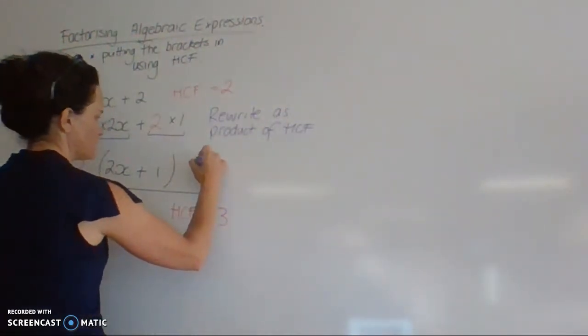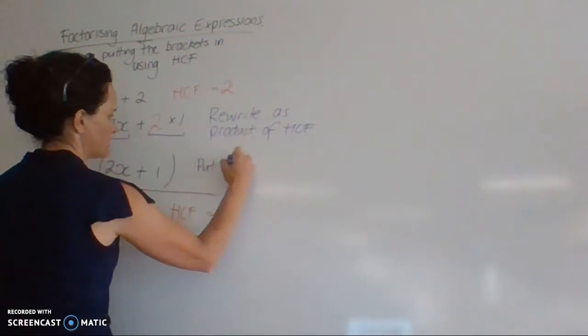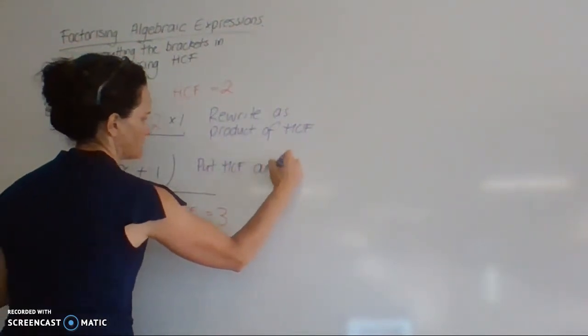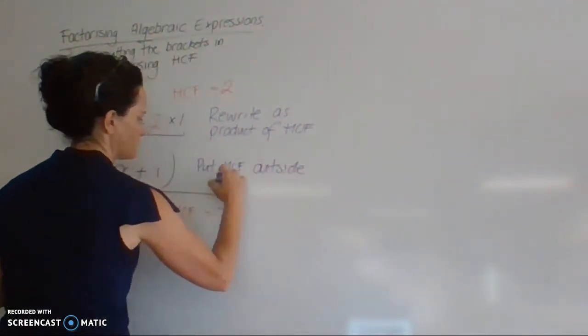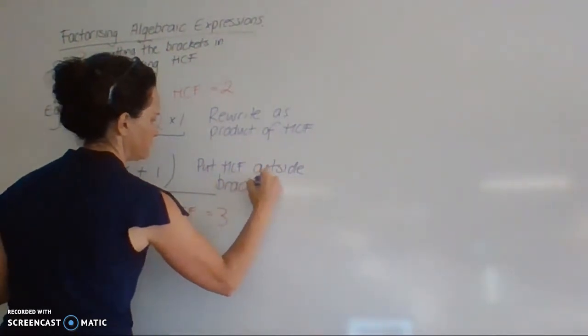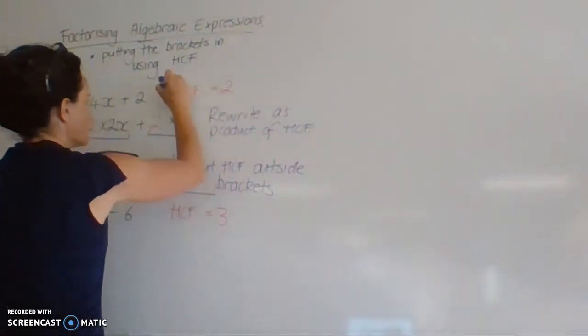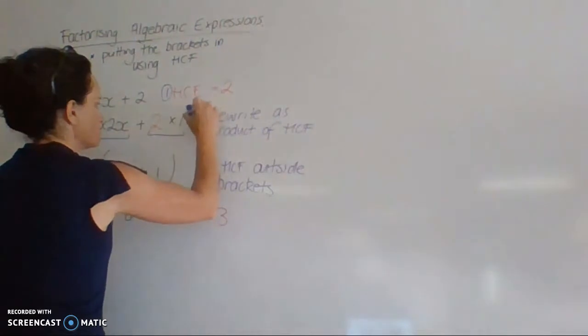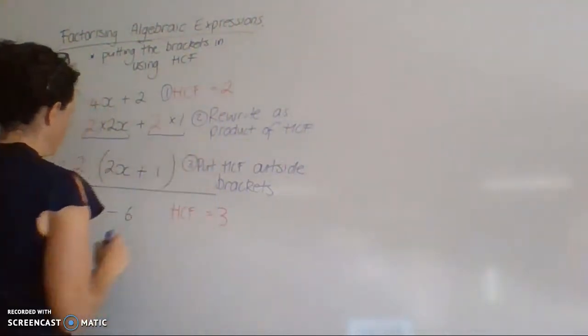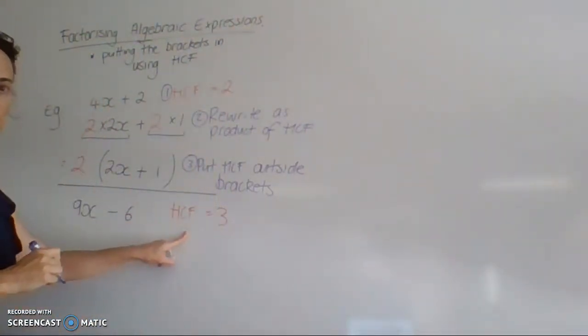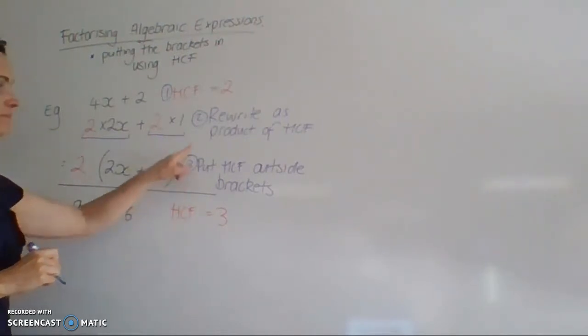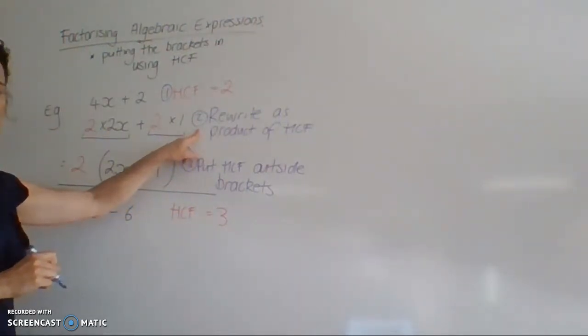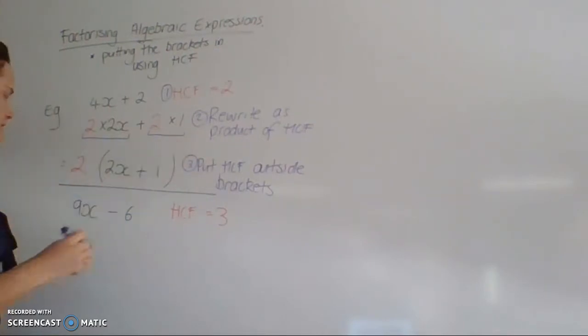And our third step is to put the HCF outside brackets. So 1, 2, 3. First step, find your HCF. Second step, rewrite each of the terms as a product of the HCF.